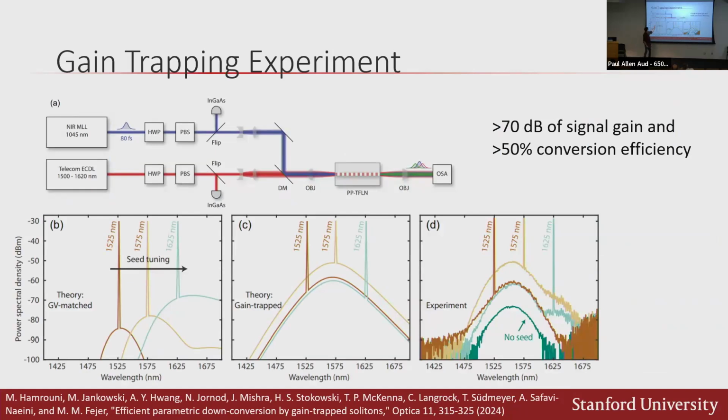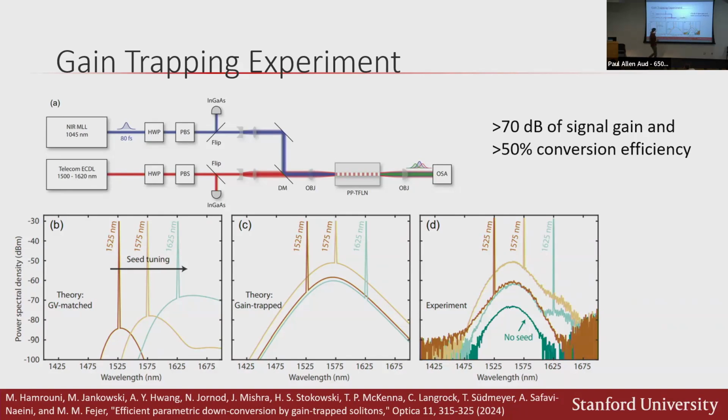Normally in an OPA, if I take my seed frequencies, so these are CW lasers at different choices of seed wavelength, and I amplify them, the spectrum is going to shift as I shift the seed that I'm amplifying. But if I look at this gain trapped OPA, if I tune the frequency that I'm seeding, it doesn't actually change the shape of the amplified field. So in all these cases, I get these broadband spectra, which are these single modes that form in this gain trapped OPA.